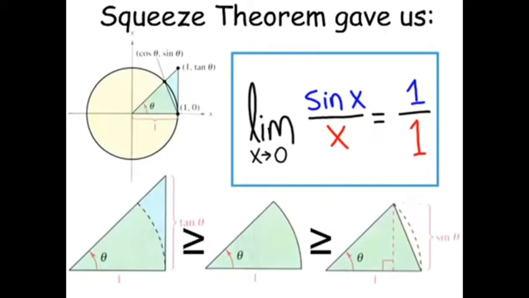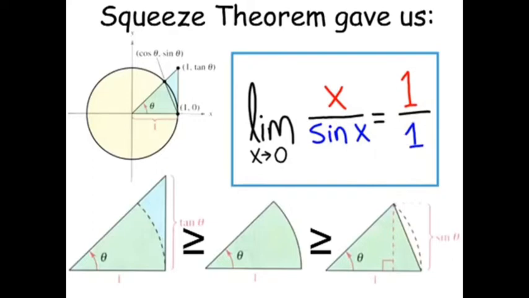There is a proof also when we see this one. Look at the first figure. There are three figures in the inequality. So if I see the value, this ratio sin x by x lies between 1 and 1. Hence the limit as x tends to 0 of x by sin x or sin x by x, both will be equal to 1. So this is actually the squeeze theorem.